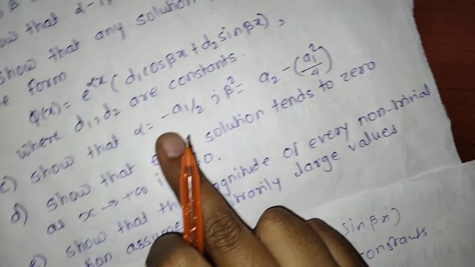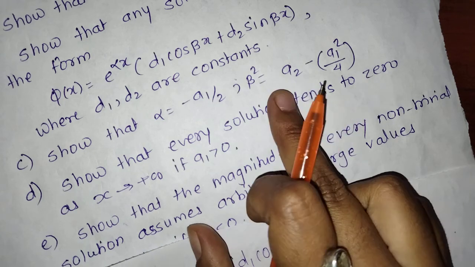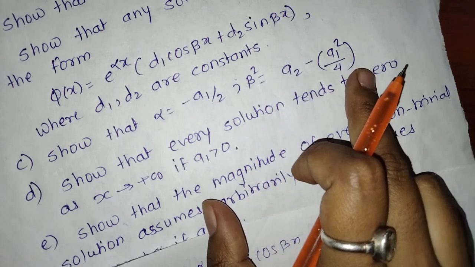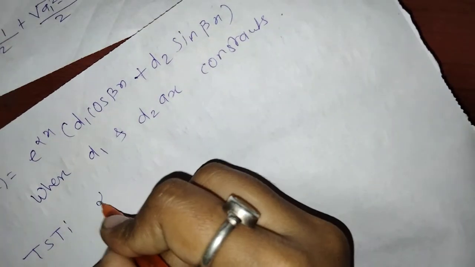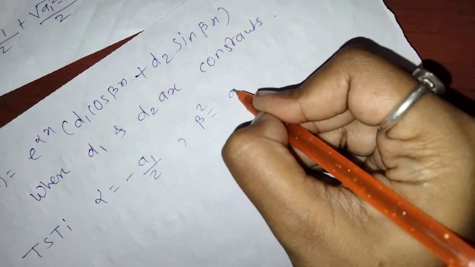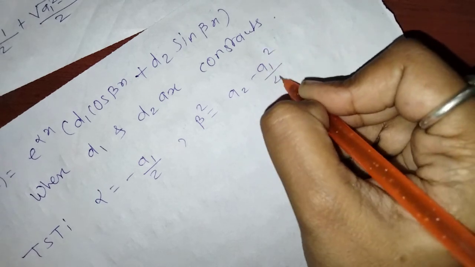Now for part c, show that alpha equal to minus a1 upon 2 and beta square equal to a2 minus a1 square upon 4.